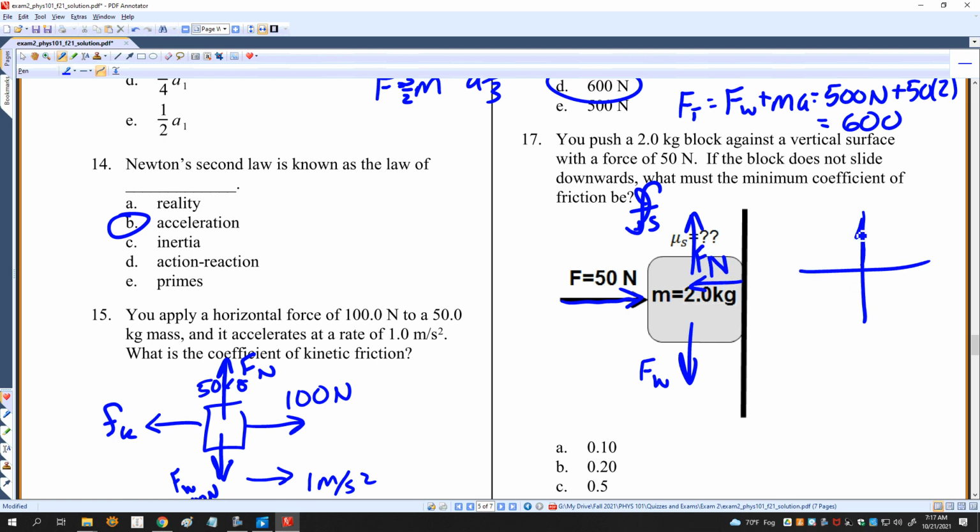Let's draw this on our coordinate system. And then there's my normal force right there. From this, I can say that Fs is equal to the weight, and I can say that Fn is equal to the force.